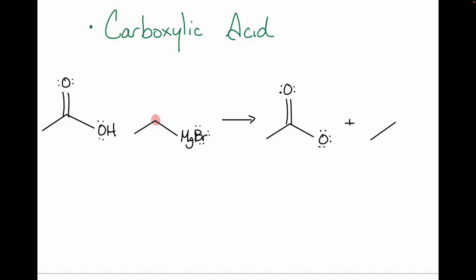So we just had a very expensive roundabout way of creating an alkane and a carboxylate ion. So this carbon, I guess we can draw it on there explicitly. Our hydrogen from our carboxylic acid is now going to be bound to that nucleophilic carbon. We really pretty much just wasted our Grignard by adding it in with that proton source.